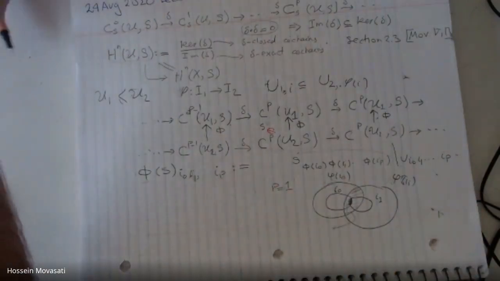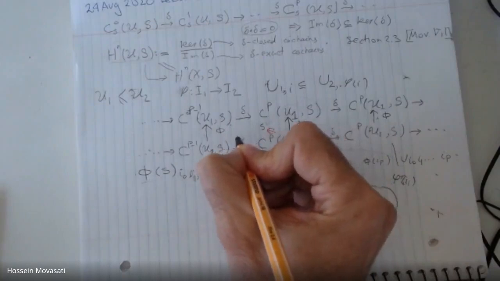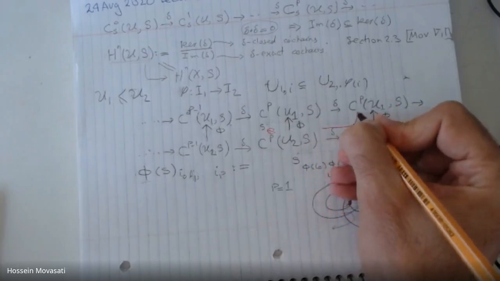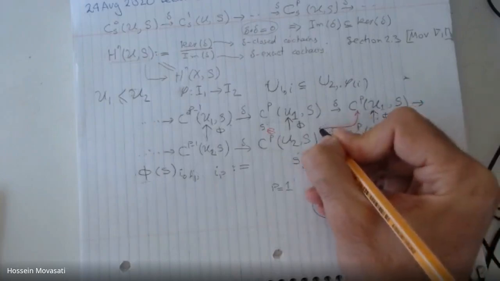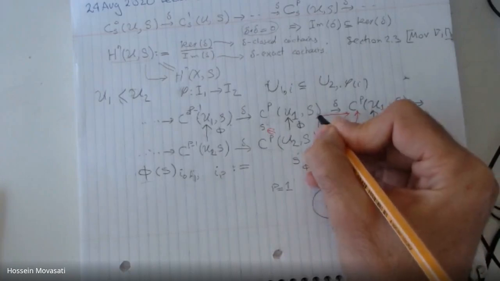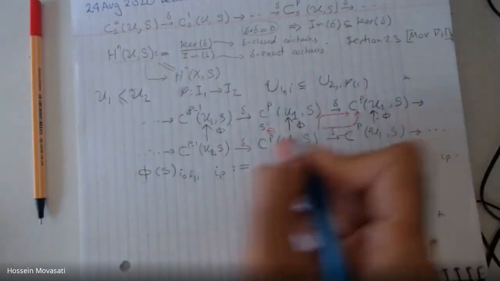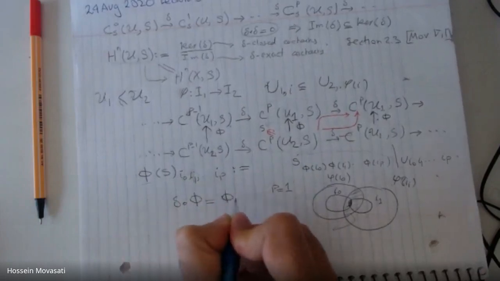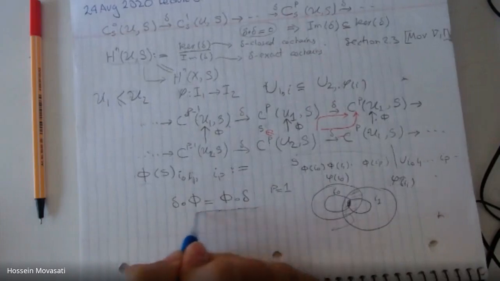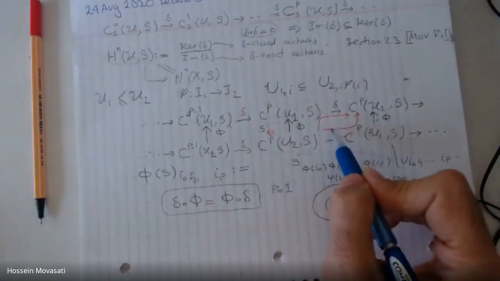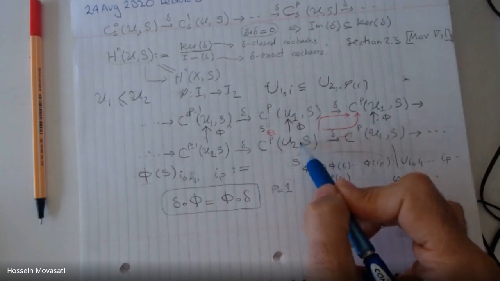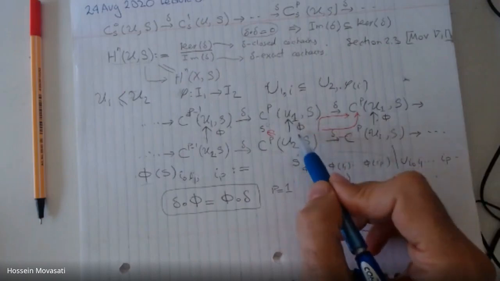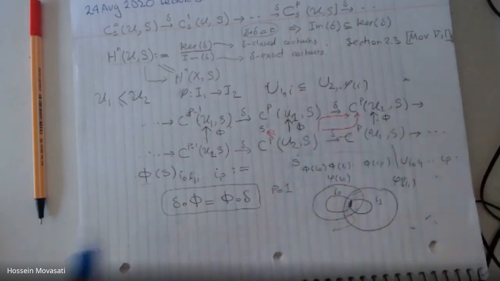For example, here, if we make from here to here this map, and then from here going up, it must commute. So at the end, we simply write delta phi equals phi delta. This is just an abbreviation: in each box, it doesn't matter how you go from here to here. Either you go with delta first or phi first, and then the other.